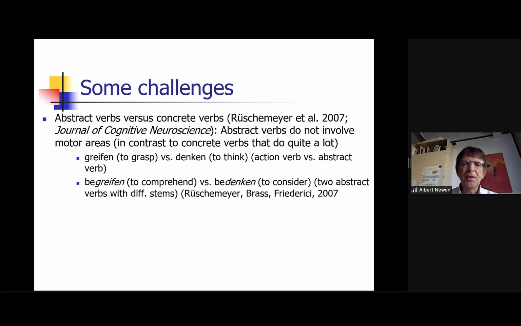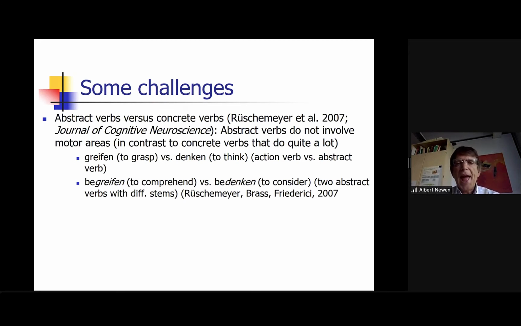Abstract verbs versus concrete verbs were investigated by Rieschemeyer and colleagues, Frederici and so on. They did the study in German, investigating abstract verbs like denken versus greifen, to think versus to grasp.